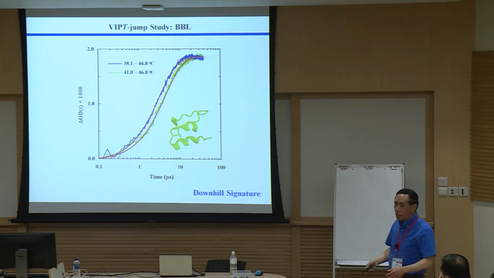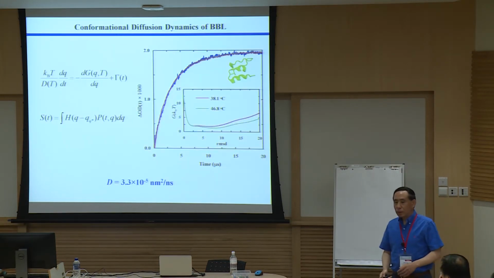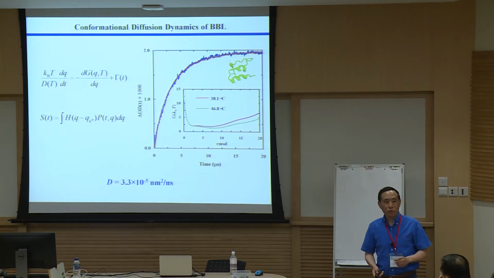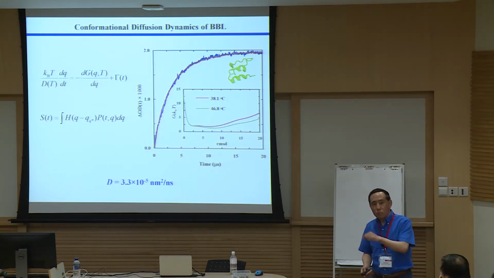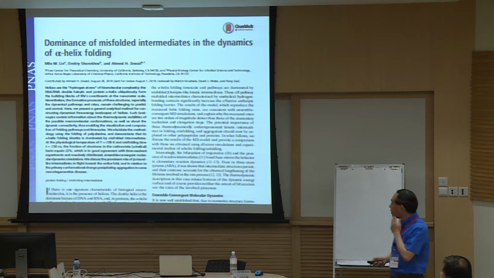Now you can see that the relaxation indeed depends on the initial temperature. But of course, we can do a simple-minded Langevin dynamics simulation, using that again to determine the diffusion constant of the particle moving on this underlying free energy landscape.